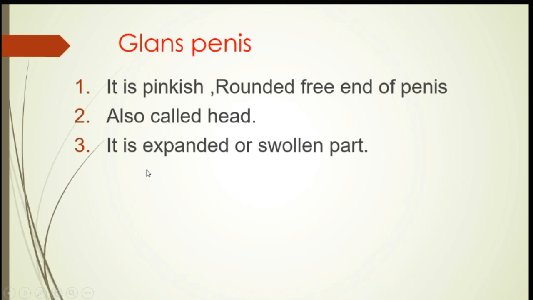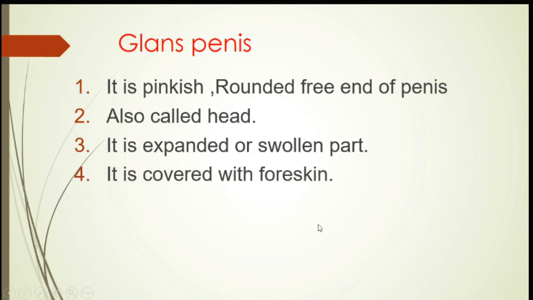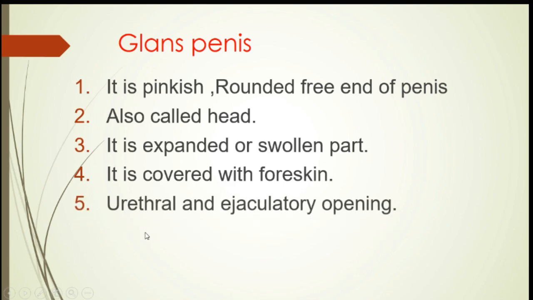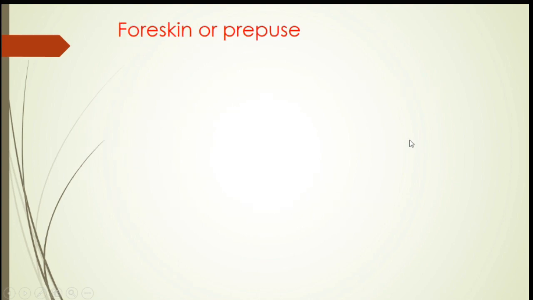It is the expanded or swollen part of the penis, and it is covered with the foreskin, okay. And at the tip of the glans penis the urethral opening is found, the urethral opening through which ejaculation also takes place, okay.